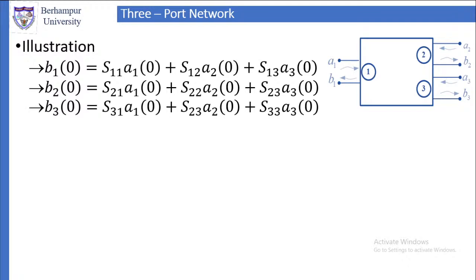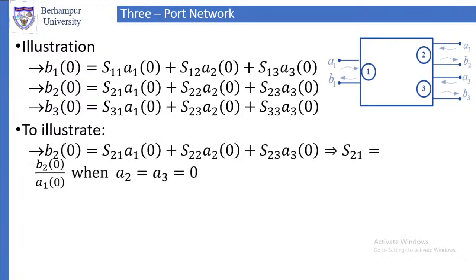B3 is equal to S31A1 plus S32A2 plus S33A3. In matrix form, B1, B2, B3 as a column matrix is the product of a square matrix S11, S12, S13, S21, S22, S23, S31, S32, S33, into a column matrix of A1, A2, A3.